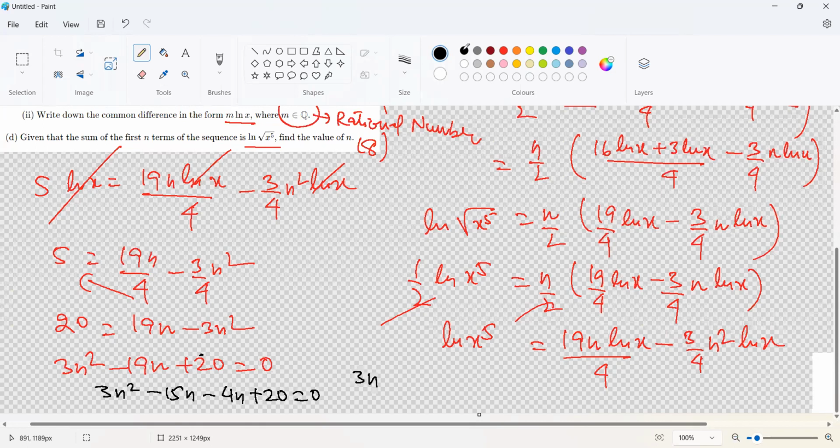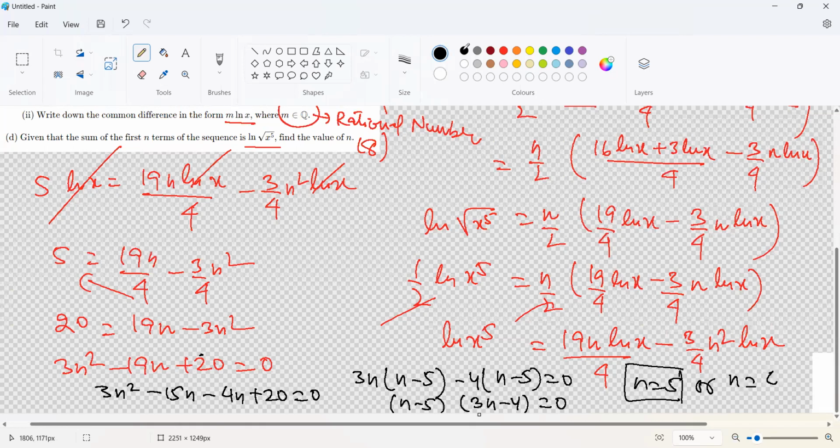Taking 3n common and minus 5, and minus 4 common and minus 5, equal to 0. So n minus 5 and 3n minus 4 equal to 0. So n is 5 or n is 4 upon 3.